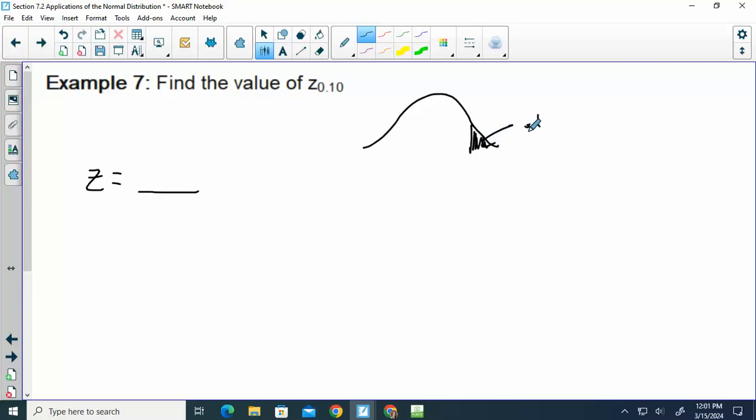So when I'm looking in my table, what area am I going to look up? 0.9. And we're looking for the Z that matches it. So we're inside the table when we find a 0.9. So the closest we can get, 0.8997. And so that Z is 1.28.